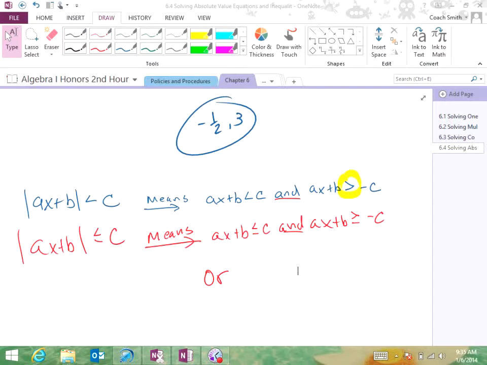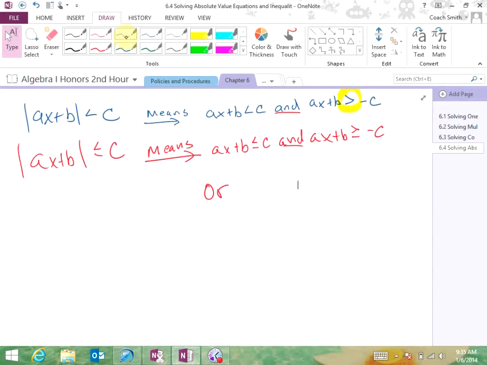Okay? So let's look at an example. Some of these they're going to want you to graph. Some of them you don't have to graph. Not very hard to graph them, but let's just look at one. Let's look at number 46. Number 46 says the absolute value of 9 plus x is less than or equal to 7.